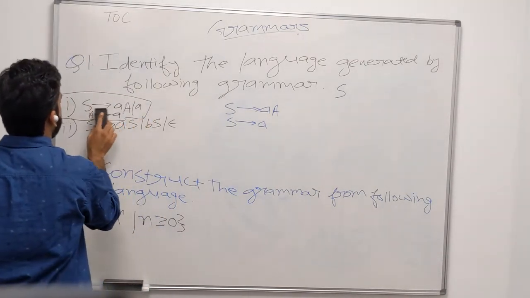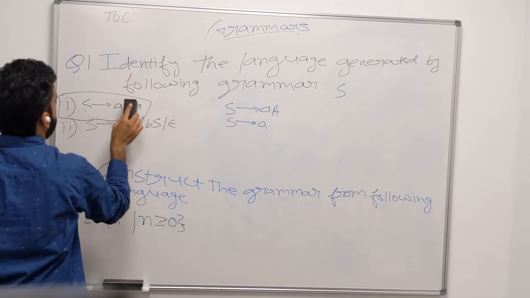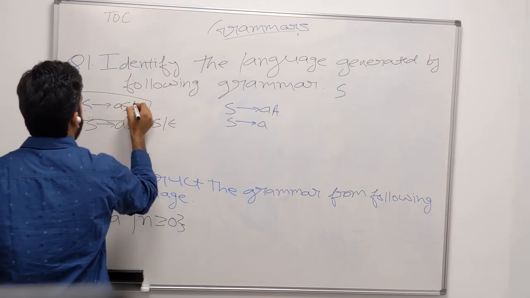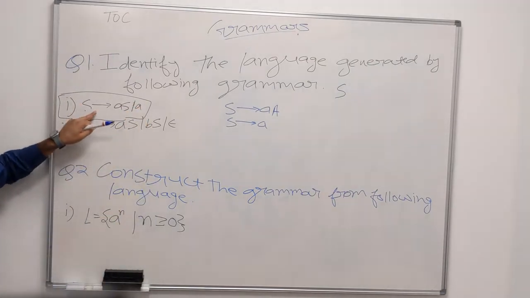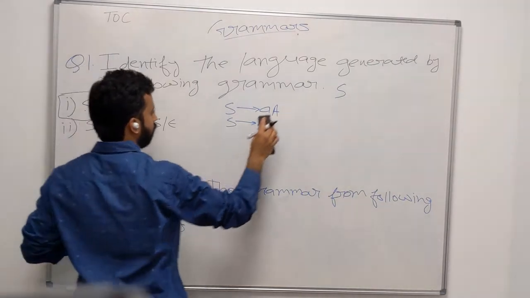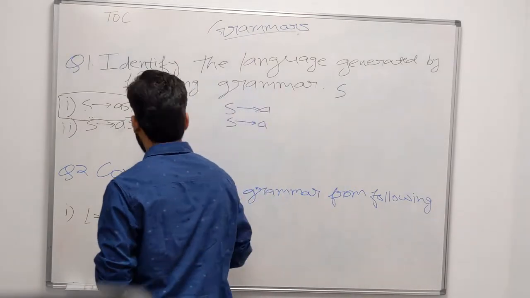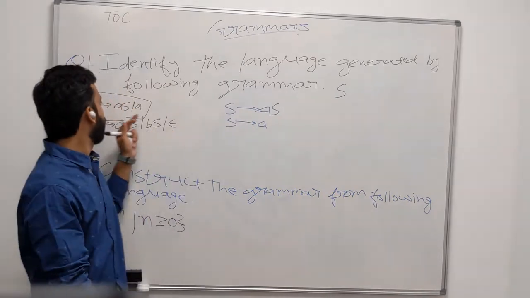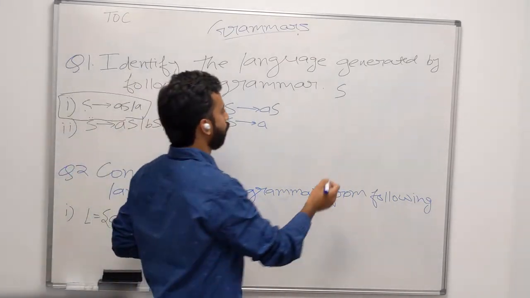Let me make a little change. So capital S is giving small a capital S. Okay, so if I choose this production, what I have to do?